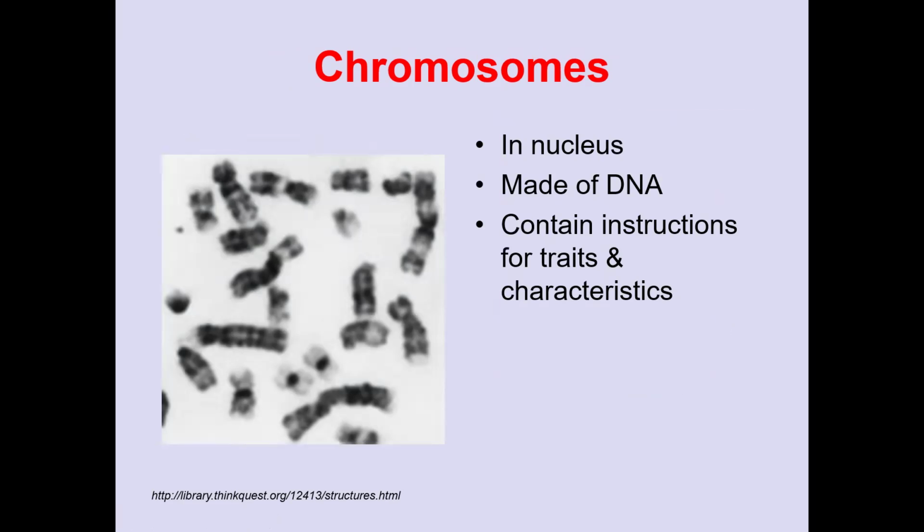If you look at fertilization in the reproductive system, you have an egg from a female partner, and you have spermatozoa, or sperm cells, from the male partner.